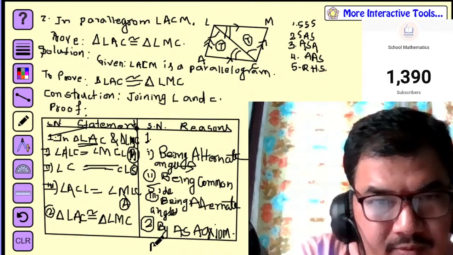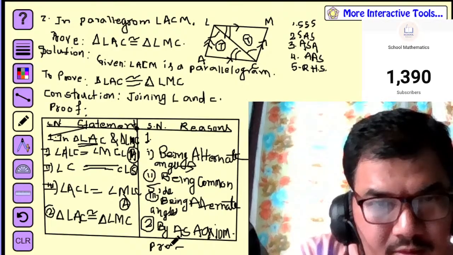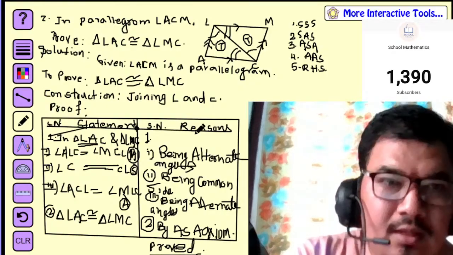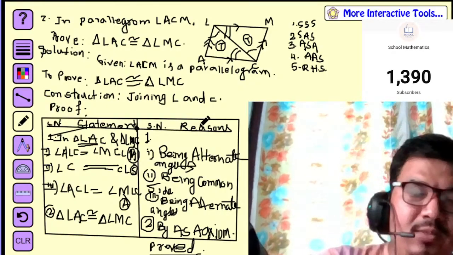Then we write at the bottom of this, hence proved. The question, whatever it had asked, is proved there.